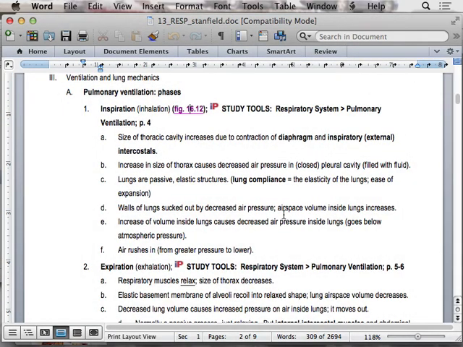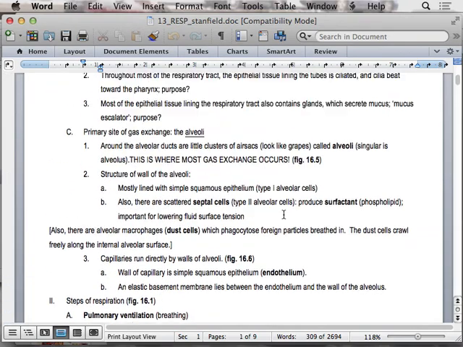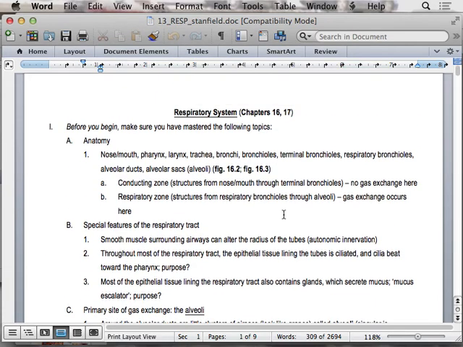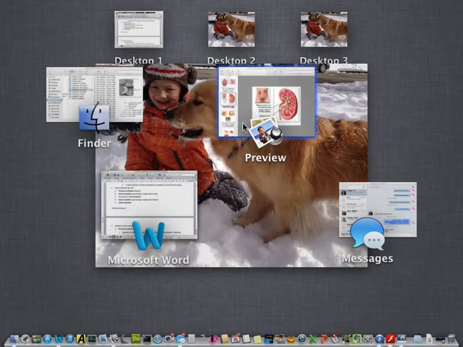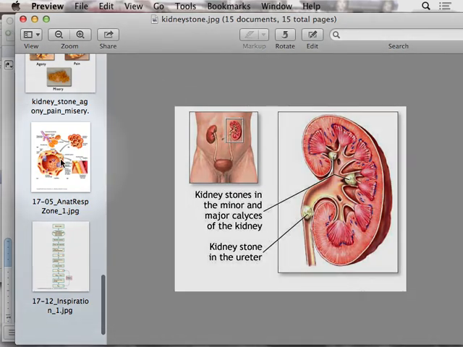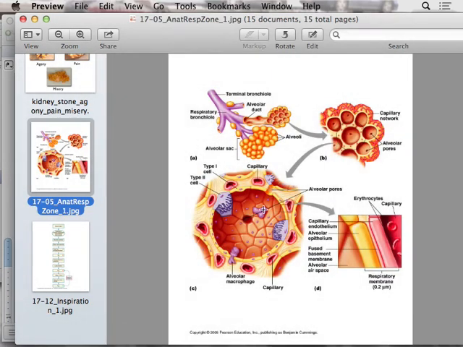Okay, the anatomy of the respiratory system is not super complicated. The only thing that's really important that you need to know is that the alveoli are the microscopic little bubbles you get to at the end of the lungs.